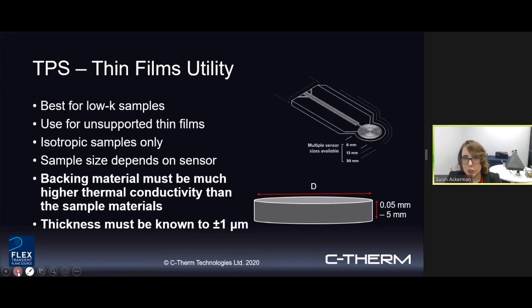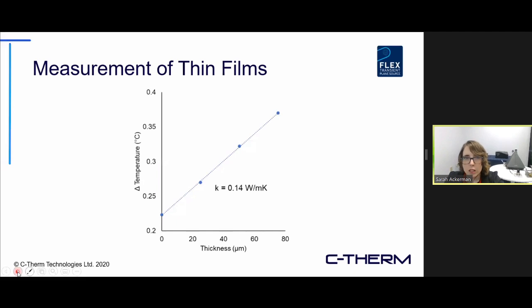So the first set of data we'll look at is a thin films utility for TPS testing. This is a method that's best suited for low thermal conductivity samples, particularly unsupported thin films. So when you're testing these kinds of materials, what you do in practice is take a first blank, and then you can measure a layer of the material.